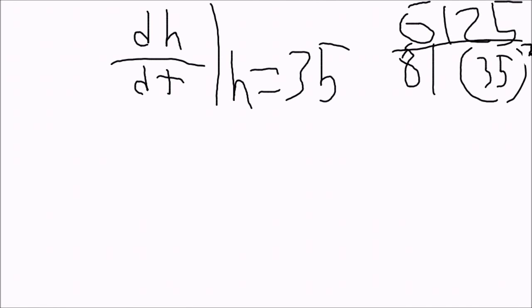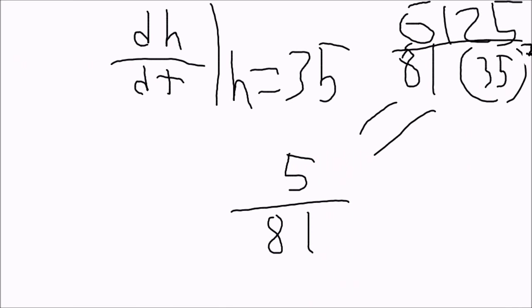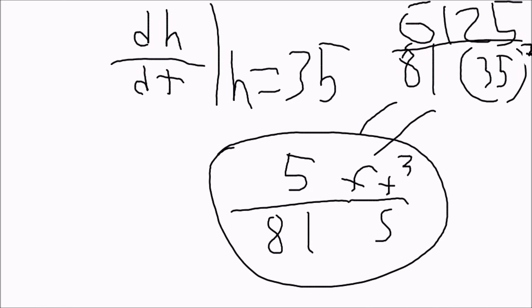Which would equal 5 over 81, and our unit of measure would be feet cubed over seconds. So here's our rate. Water is gushing in at a rate of 5 over 81 when the tub is completely filled. Not that hard.